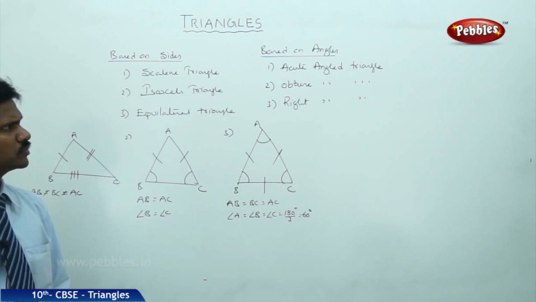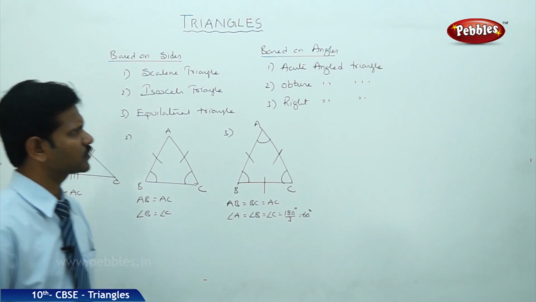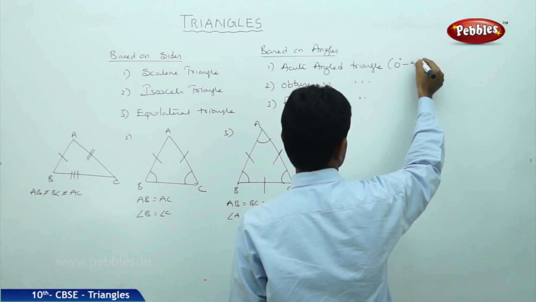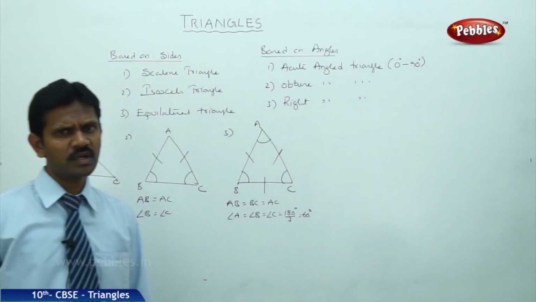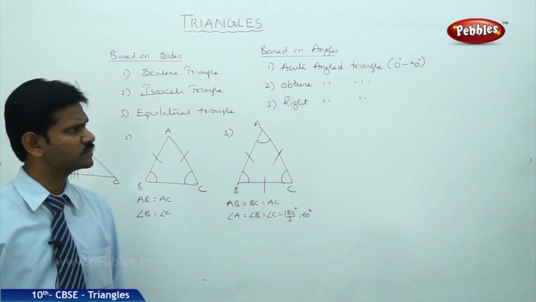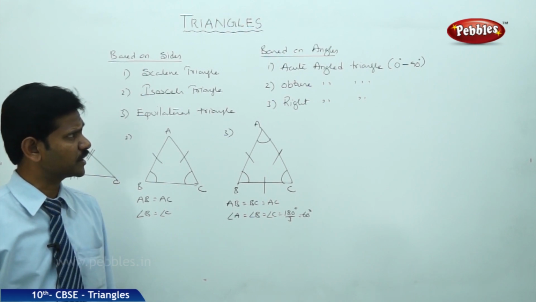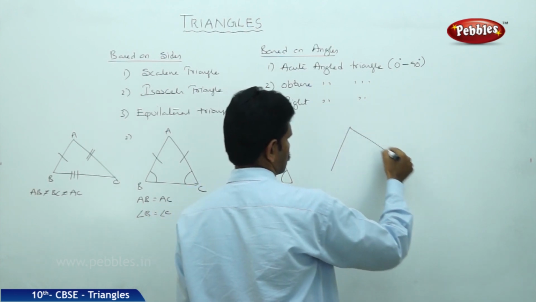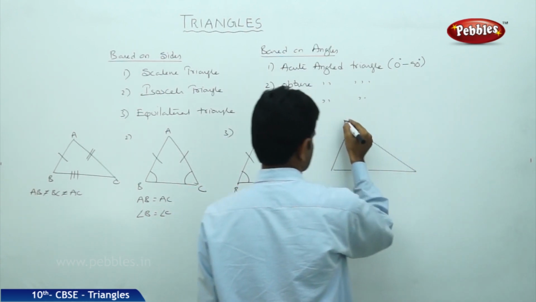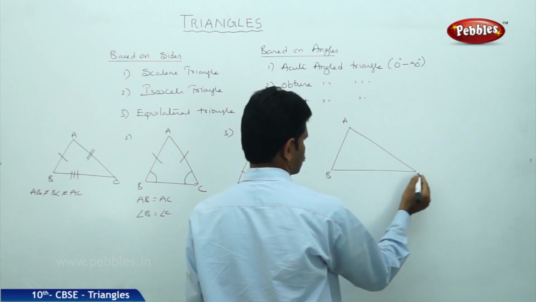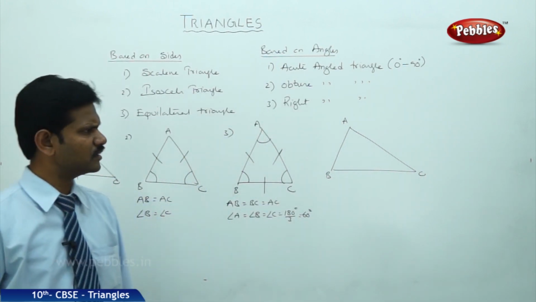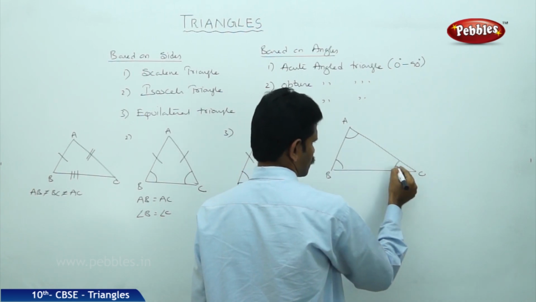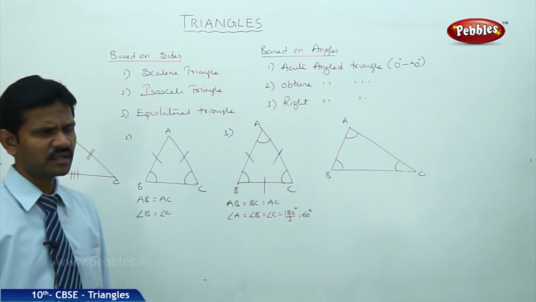Now, let us come to acute angle triangle. Acute angle means which measures between 0 to 90 degrees, and 0 and 90 are not included here. For example, say ABC, a triangle in which all the angles are acute.